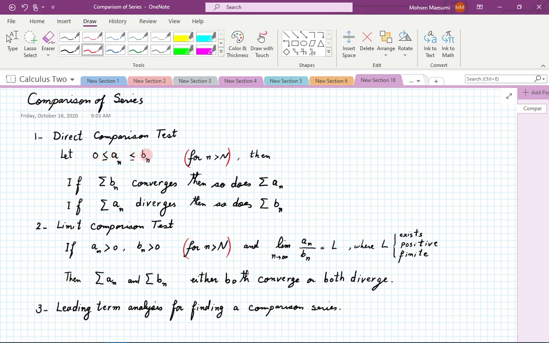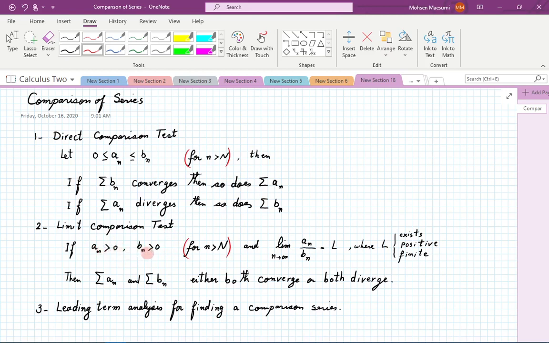Sometimes the comparison is not easy to achieve. We have some other method, a bit more advanced, but very similar to this. It's called the limit comparison test. In this case, we have two sequences.